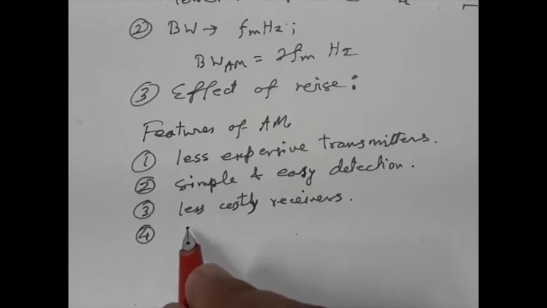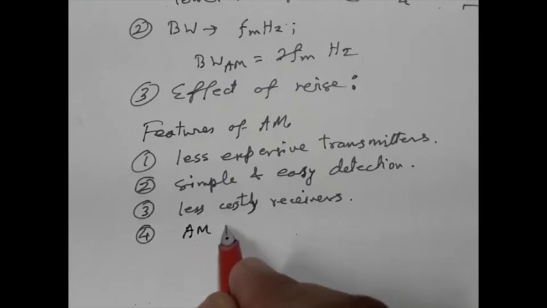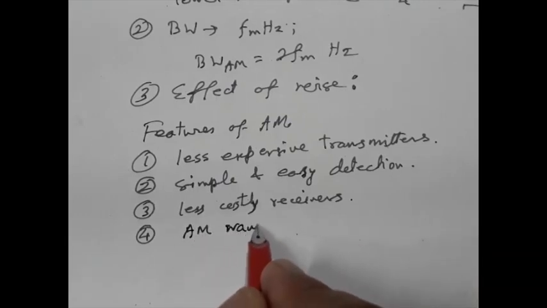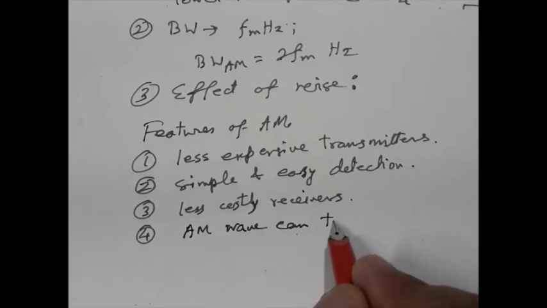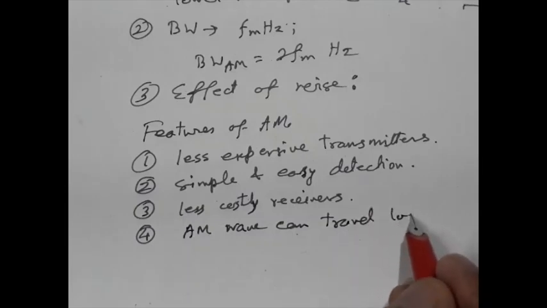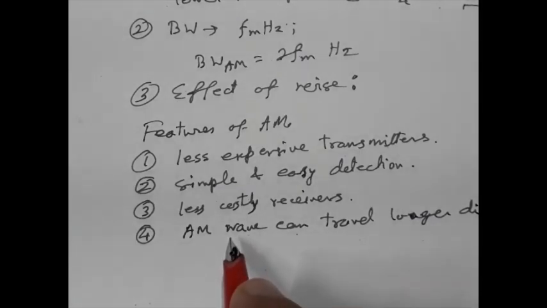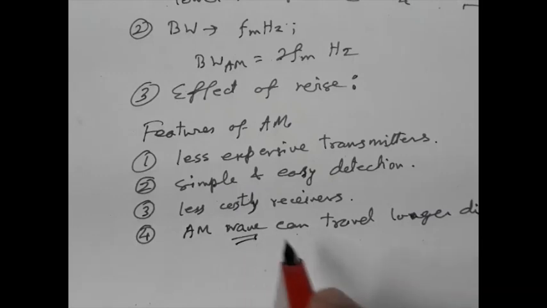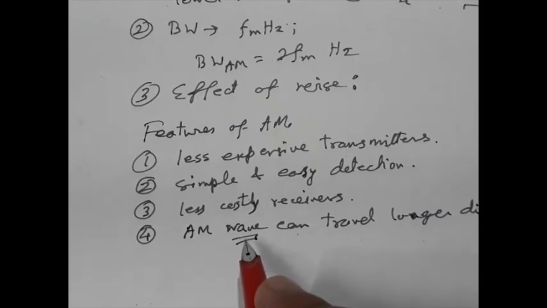Since that particular range of frequency is chosen for AM, the AM wave can travel a longer distance. Though it is not exactly a feature of AM, it is a feature of this frequency range chosen for AM broadcasting.